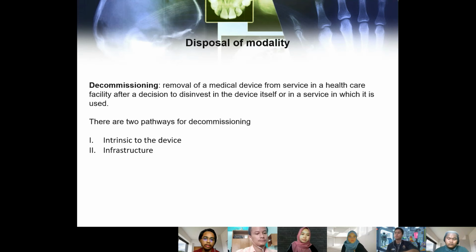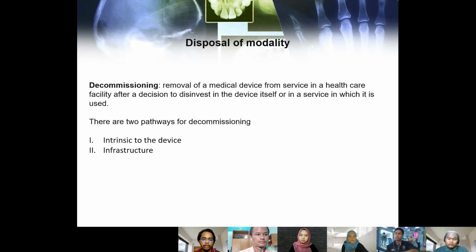Factors intrinsic to the device include single-use designation, inadequate disinfection or sterilization, unresolved performance issues, unresolved safety issues, continuous unreliability or history of serious failure, high cost of repair making the device not cost effective or financially unavailable, and end of life.